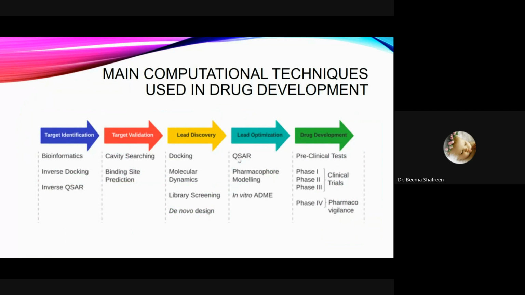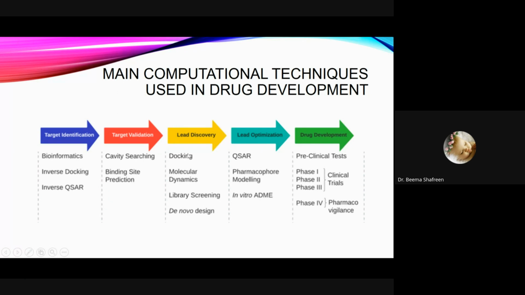So the main computational techniques used in drug development start with target identification. You have bioinformatics, where you can use sequence-based approaches as well as structure-based approaches. Then you have inverse docking and inverse QSAR. Then you have target validation, with cavity searching and binding site prediction.